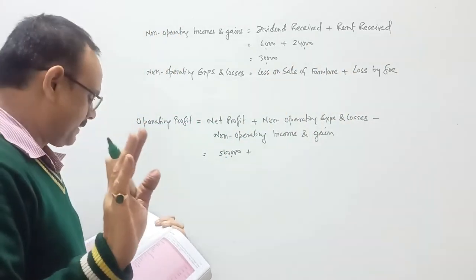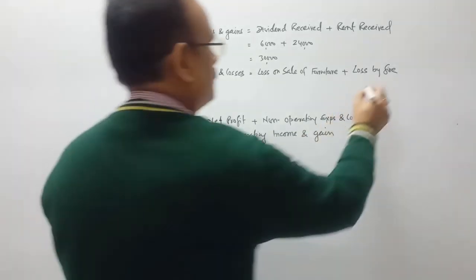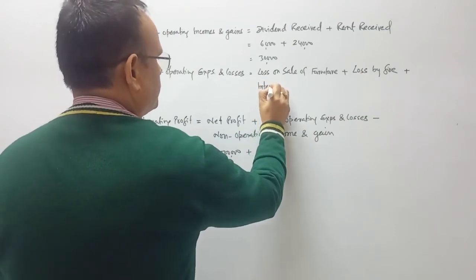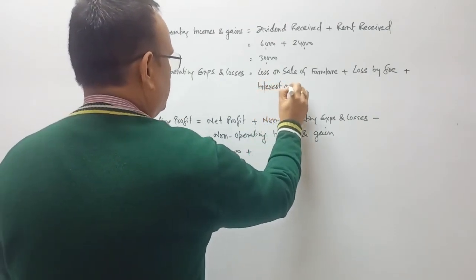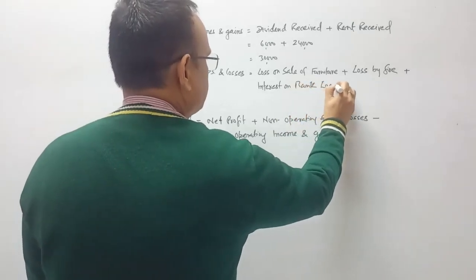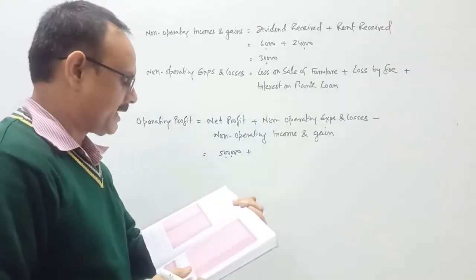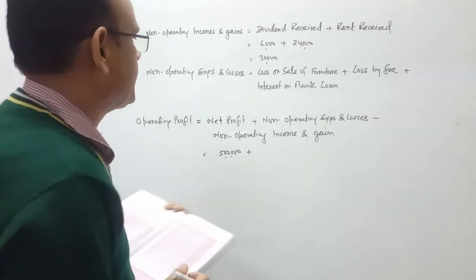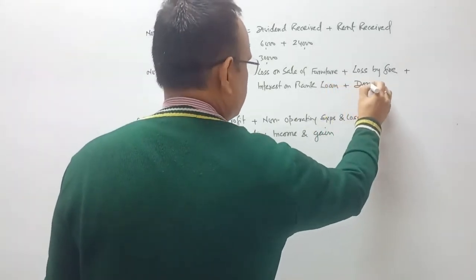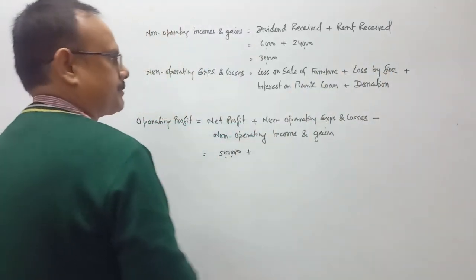Salary is an operating expense, this we are not going to take. Interest on bank loan, what we are paying, is a financial charge, so this is a non-operating expense. Financial charges are non-operating expenses. Another non-operating expense is donation. Donation is also a non-operating expense.